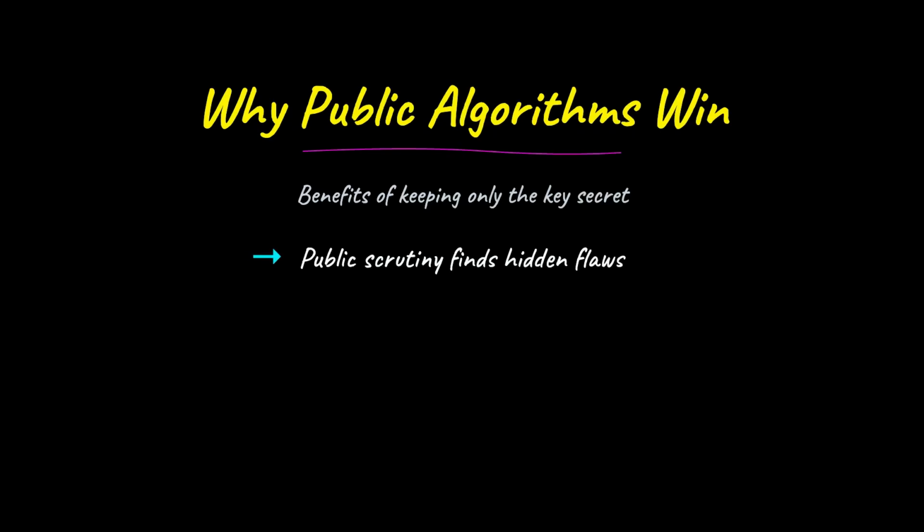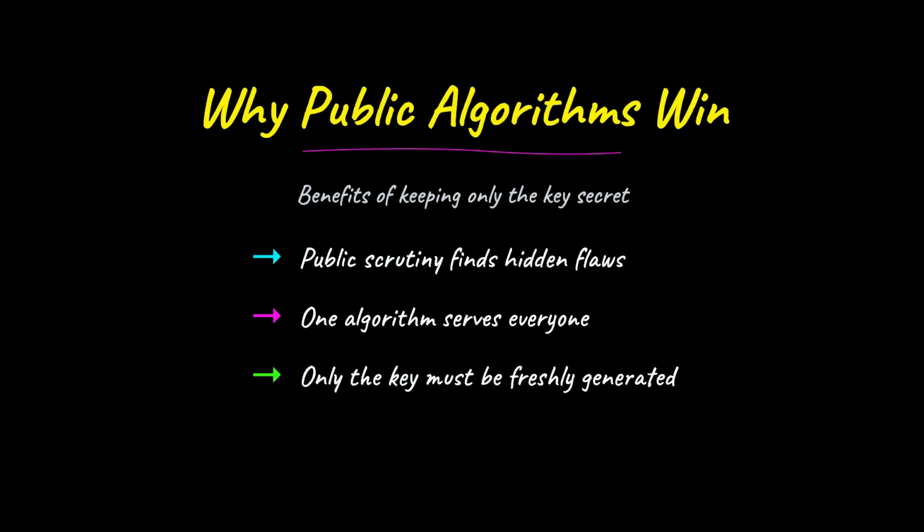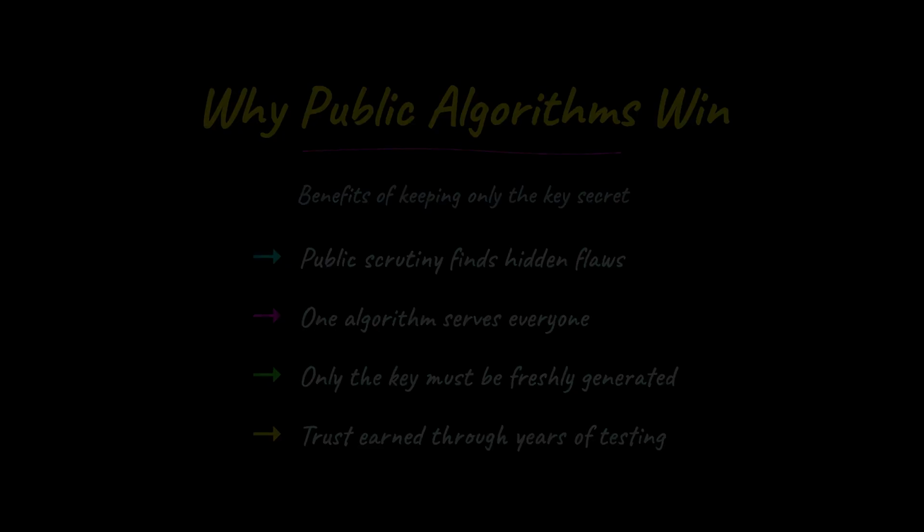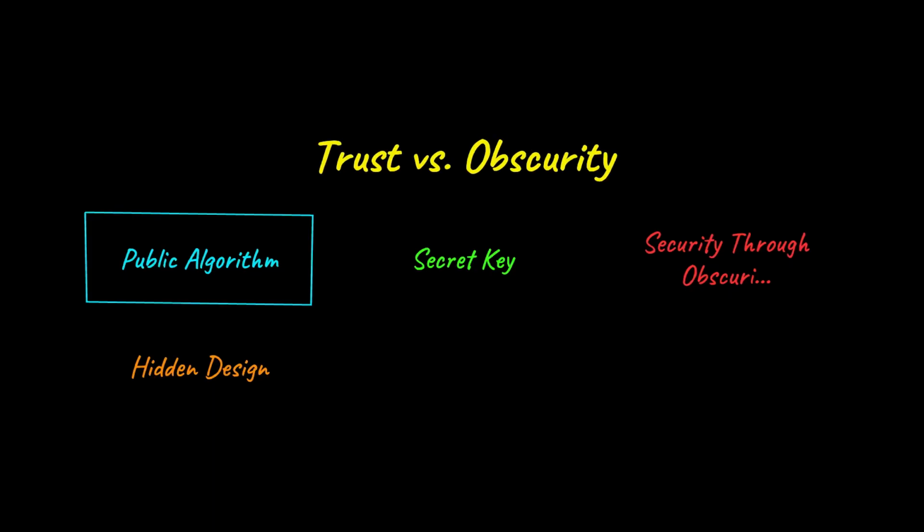Publishing the algorithm lets cryptographers worldwide probe it for weaknesses, and surviving that scrutiny earns real trust. Practically, this means the whole world can share a handful of vetted algorithms, with only the key needing fresh, guarded secrecy for each relationship. The opposite approach, called security through obscurity, hopes attackers stay ignorant of a hidden design.